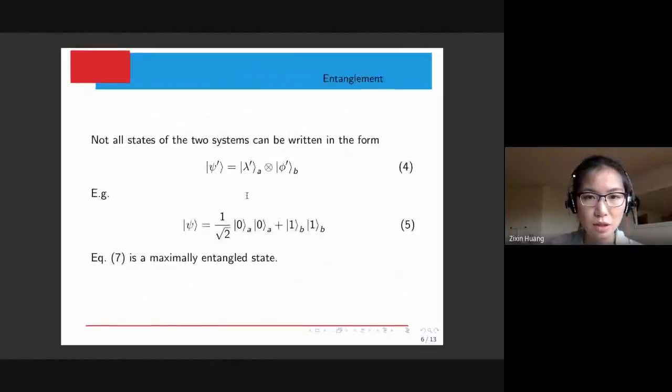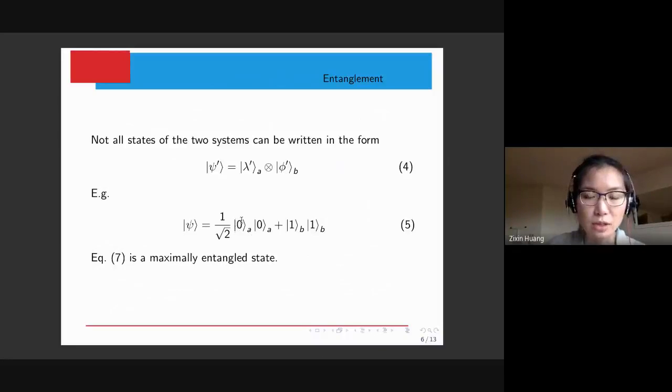However, we can note that maybe not all states can be written as a tensor product. For example, the state in equation 5 is one such state. So there should be a bracket here.